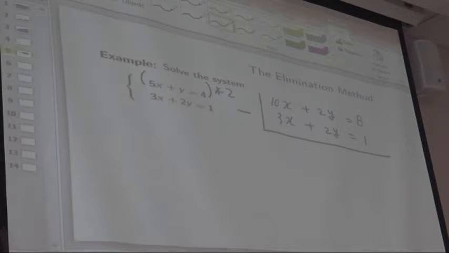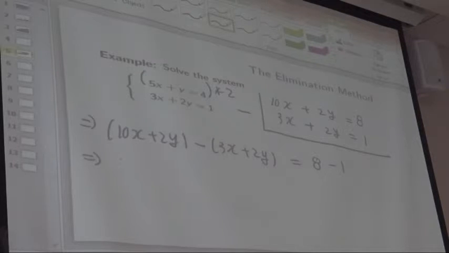So we subtract: 10x plus 2y minus 3x plus 2y is equal to 8 minus 1. The left-hand side minus the other left-hand side, and for the right-hand side, we subtract 8 and 1.